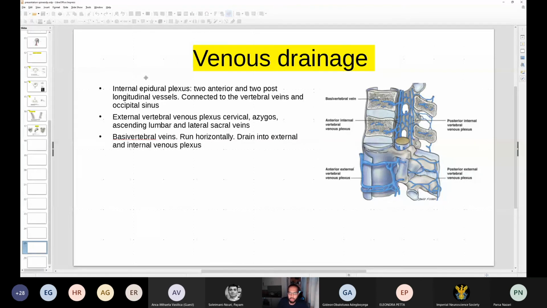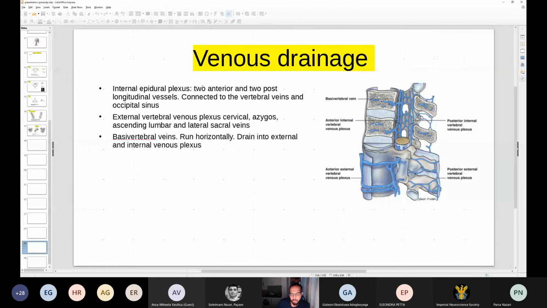The internal epidural plexus will be 2 anterior and 2 posterior veins. So here you have the anterior and posterior internal vertebral venous plexus. They're just outside the dura, really, and they are connected. They accompany the spinal cord, and all the way up they connect to the vertebral veins and the occipital sinus inside the cranium.